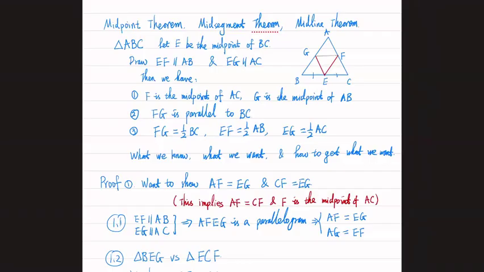I'm going to label this angle 1 and angle 2. Okay, let's check. Angle 1, angle 2. Do they have the same measure? George, what's the reason for this? Well, it's common sense.